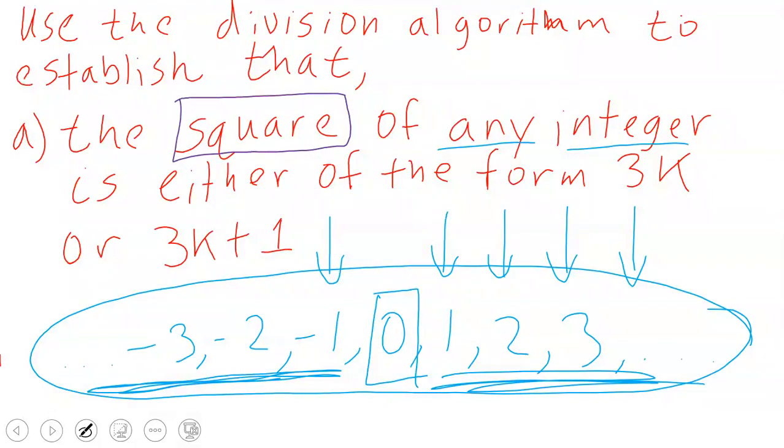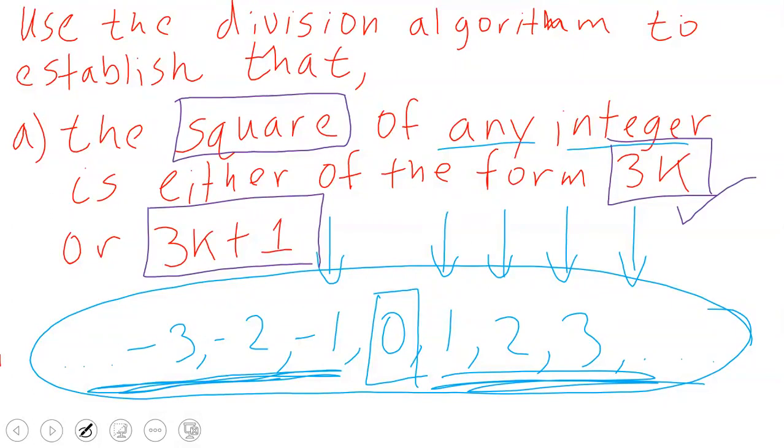And once you square it, I can guarantee you that it is either going to look like 3k, or it's going to look like 3k plus 1. That is, it's either a multiple of 3, or a multiple of 3 plus 1. And that's a strong claim.